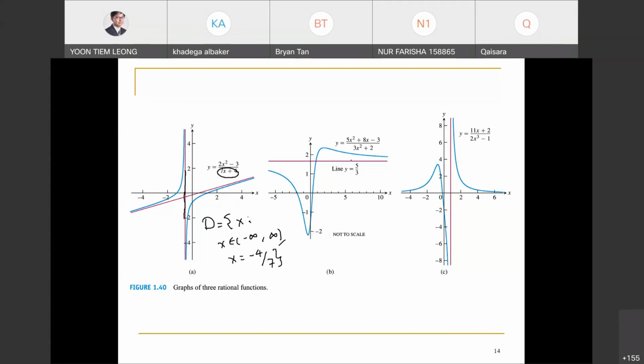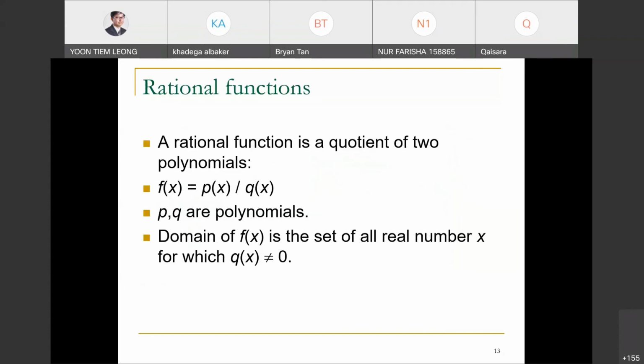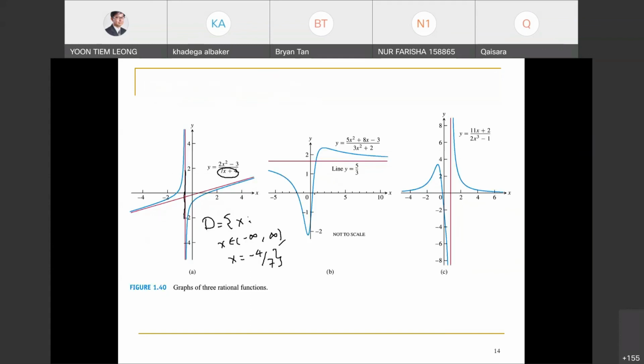So a rational function is made out of the ratio of two polynomials. That is it. Now we are going to look into this in more detail later on. In particular, we will learn how to sketch the graph of a rational function. These are just examples. You're not expected to be able to plot this graph at this moment, but later on we will teach you how to systematically construct it step by step.